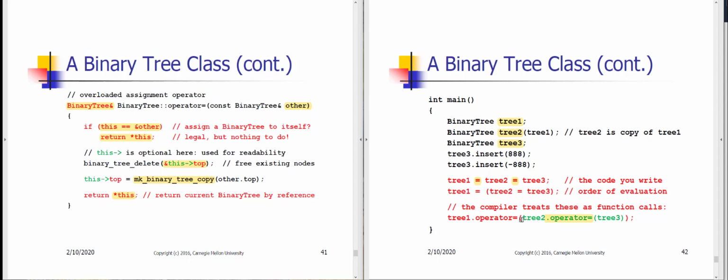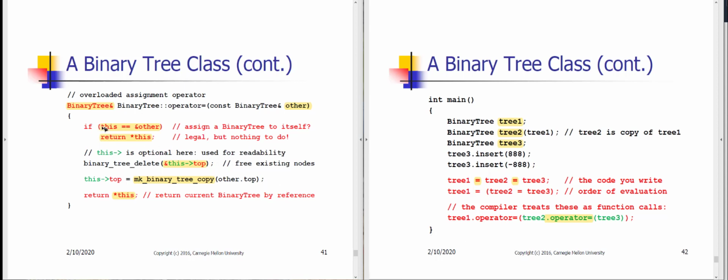So we first execute L tree 2 dot operator gets L tree 3. That is, within the body of this operator gets function, L tree 3 is the other tree, L tree 2 is the current tree object. This is pointing to L tree 2, and other is a reference to L tree 3.